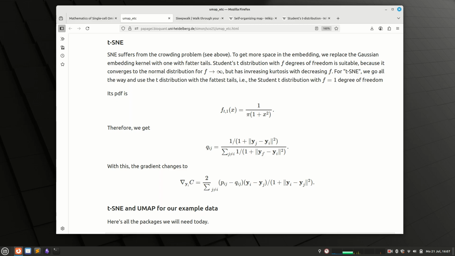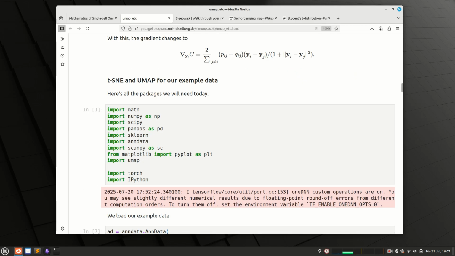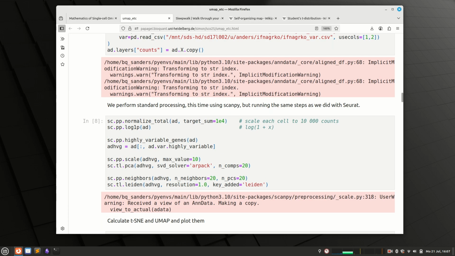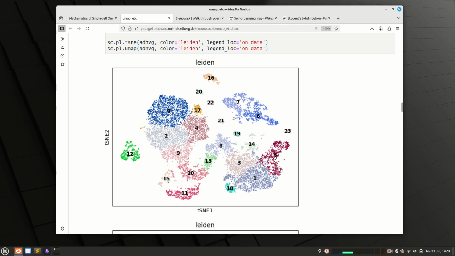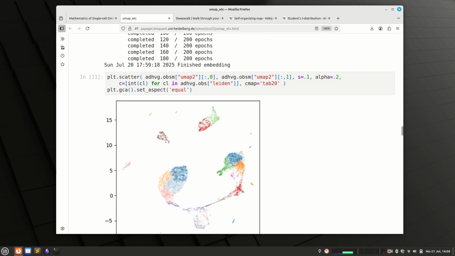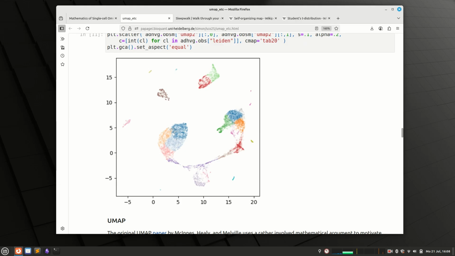So now, of course, so far we always looked at UMAPs. You might now wonder, how does t-SNE look different from UMAP? So I reran our example data and recalculated the UMAP, this usual UMAP that you've seen a lot, but this time I used Scanpy instead of Seurat. And Scanpy is the Python equivalent to Seurat for R, and Scanpy seems to run its UMAP with somewhat different default parameters.